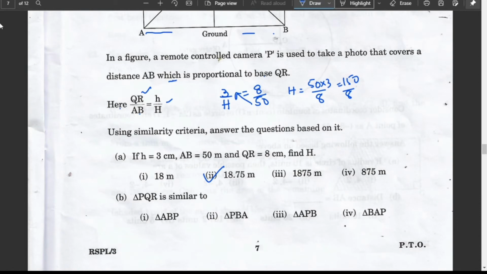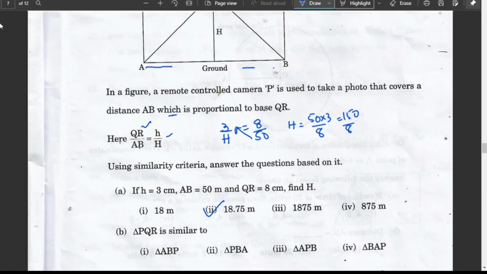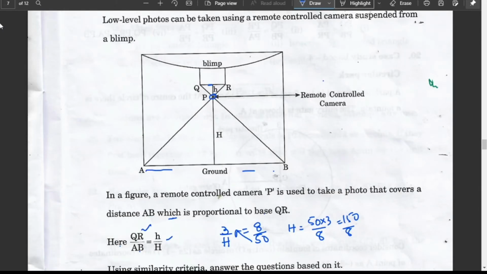Next one, triangle PQR is similar to. We'll go back to the figure here. What is most important in similar triangles is to pull out the triangle. I'll take this big triangle out first. For any question based on similarity, I would advise you to pull out the triangles with corresponding sides. This is the most important point.